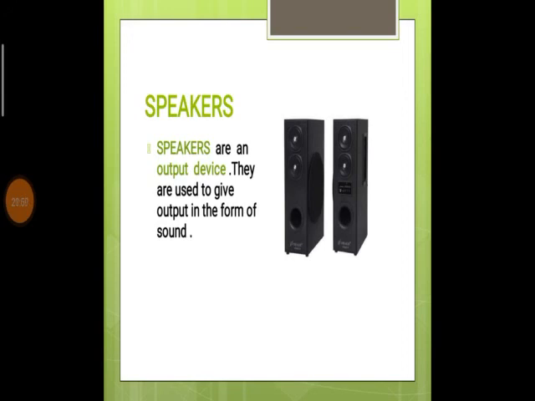We connect them to our computer, and with their help we are able to listen to the sound of a video or audio.